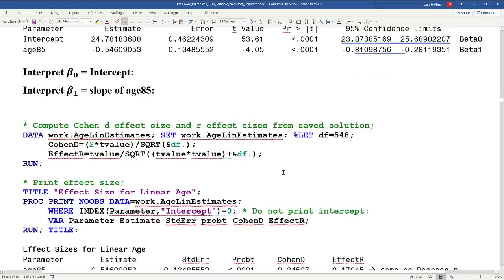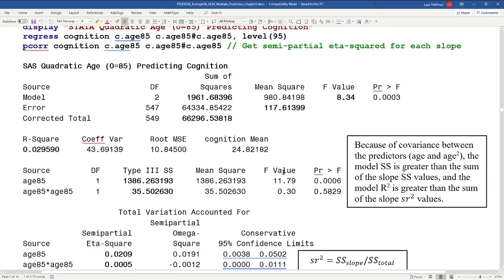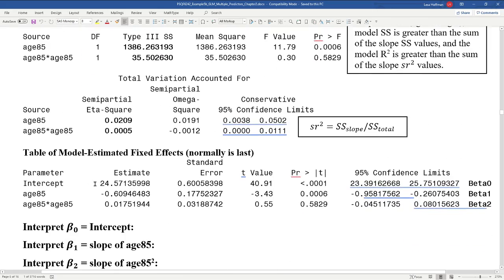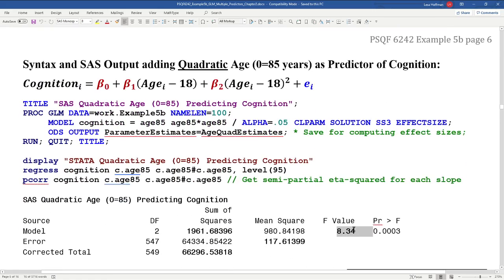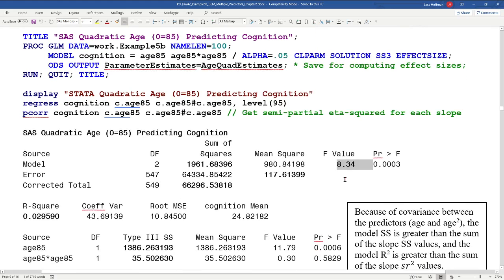So the fact that we have one slope that is not helping us, looking at the output down here, the quadratic slope that we've added is basically 0. The fact that it's not helping us means the test of the model is being down-weighted by having one good slope and one bad slope. The average contribution looks worse because of the bad slope.